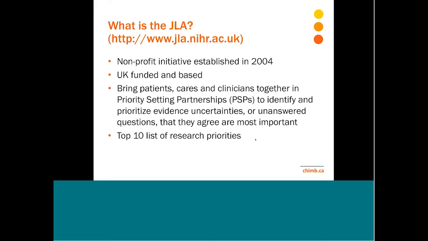It aims to bring patients, caregivers, and clinicians together in what they call priority setting partnerships to identify and prioritize evidence uncertainties, which are unanswered questions that they agree are most important. And the primary outcome of a James Lind Alliance priority setting partnership is to generate a top 10 list of research priorities.